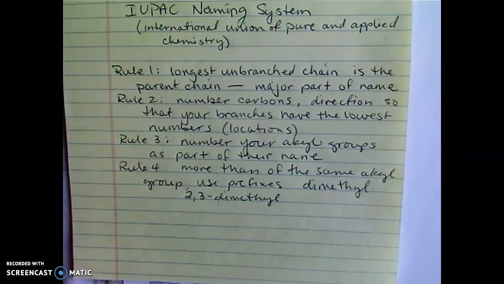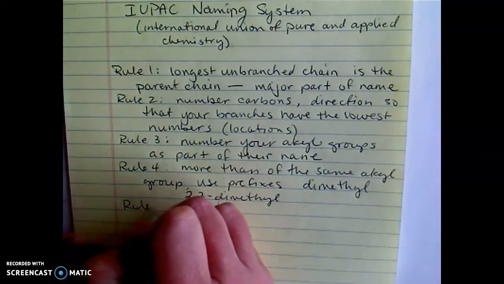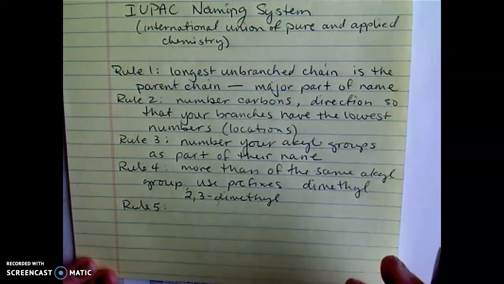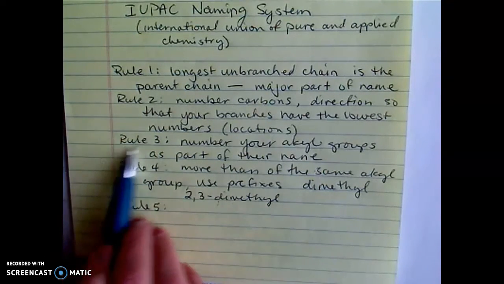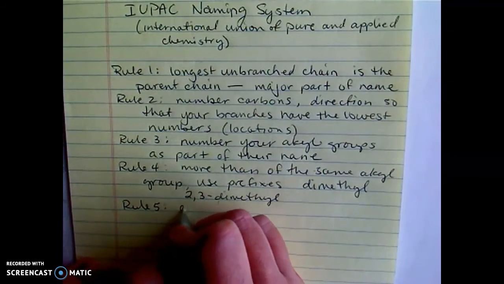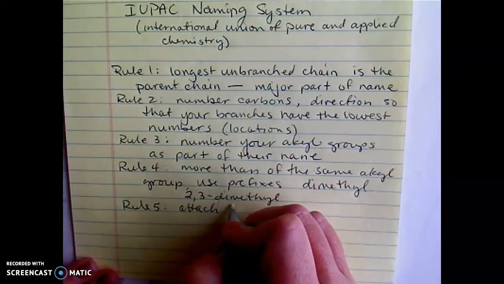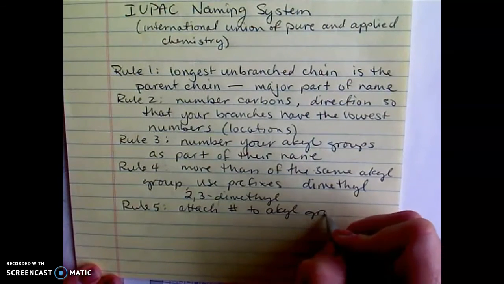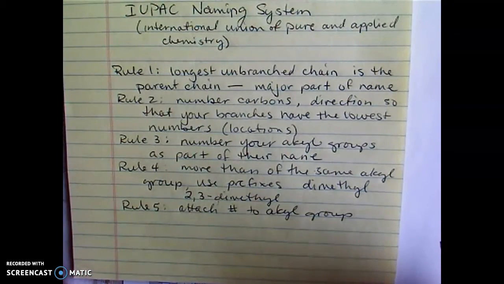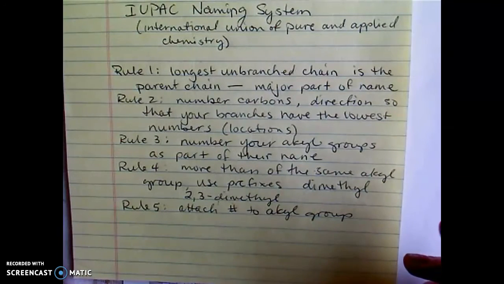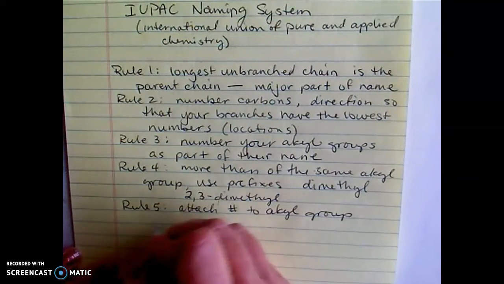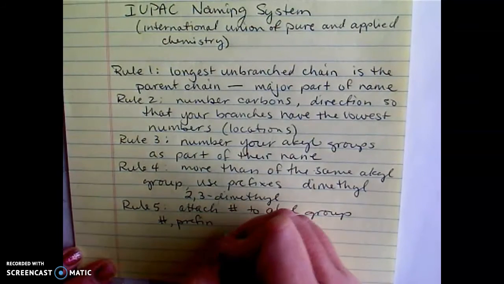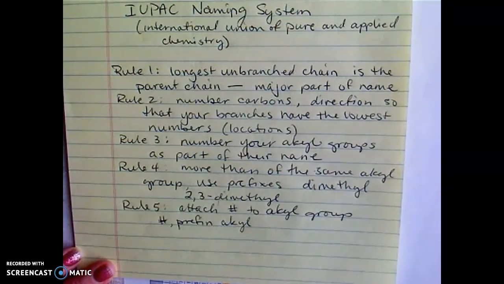Then they state rule number 5, which really we've kind of already covered. Again, it's kind of like rule number 3. You're going to need to attach a number to the alkyl group to indicate where it's at. I don't know why they repeated it, even if it has the prefix. So maybe they were trying to establish it goes number, then prefix, then your alkyl group name.